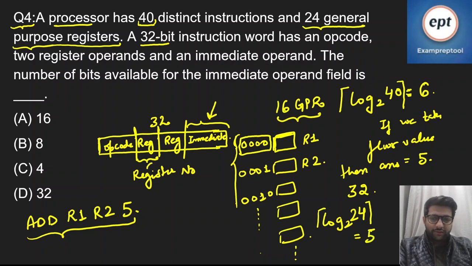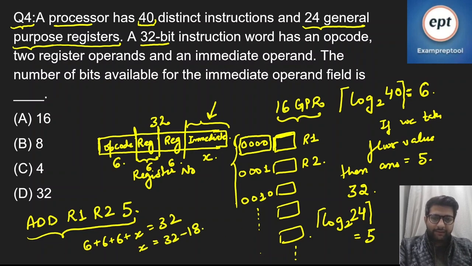So 6 bits for the registers, and since we had 40 distinct instructions, the number of bits for the opcode was 6 itself, right? And let's say the number of bits required for the immediate field is x, right? So 6 plus 6 plus 6 plus x equals 32, and this means x equals 32 minus 18, right?